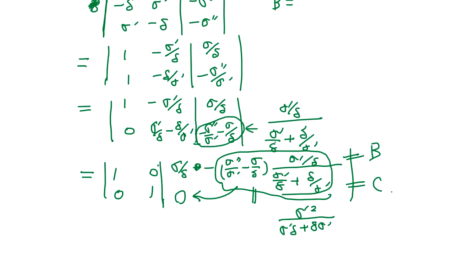So this will be sigma prime delta sigma double prime delta minus sigma prime, and this is going to be 2 sigma prime delta.